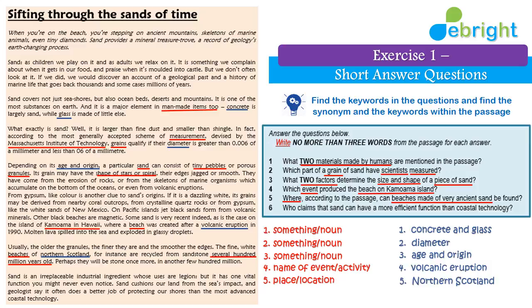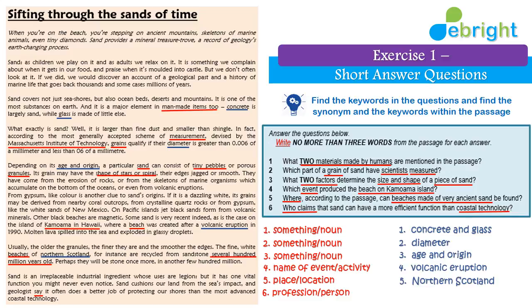And the last number, who claims that sand can have a more efficient function than a coastal technology? The keyword is who claims, so you need person or profession. And then the next keywords, you've got claims, which is similar to say.